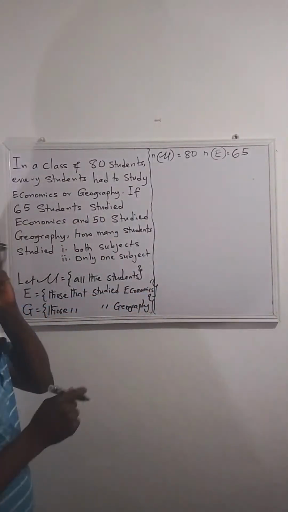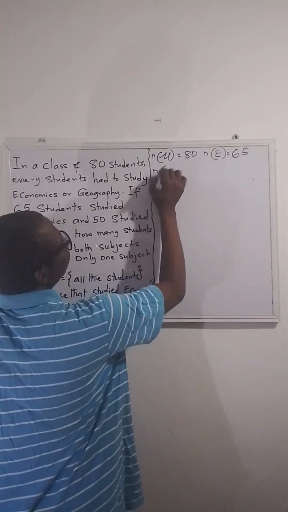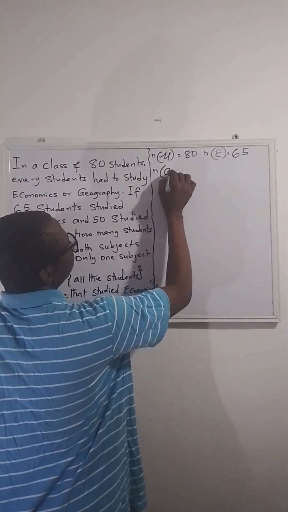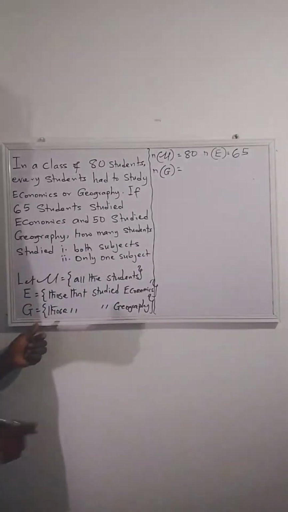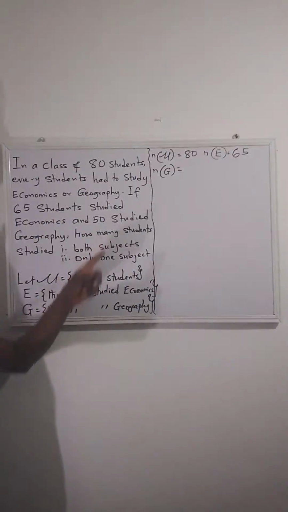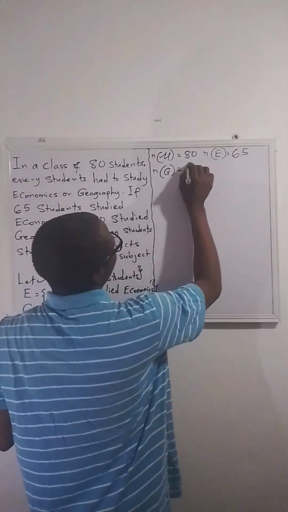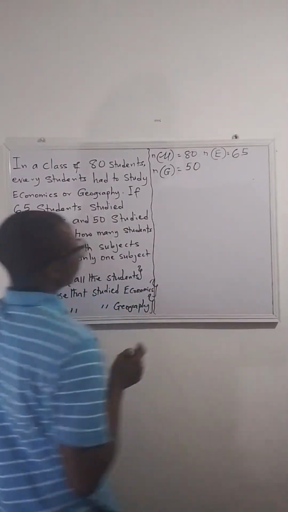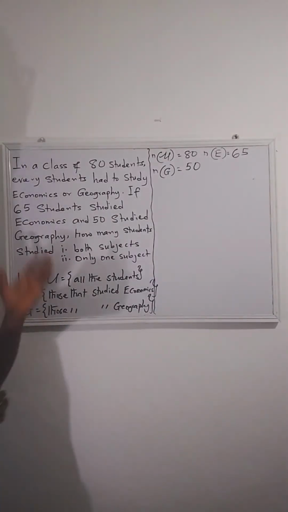Okay. Now let's move to the next one. Number of those that studied geography. How many? 50 studied geography. So number of those that studied geography will be what? Will be 50. Okay. So we have all the information there.